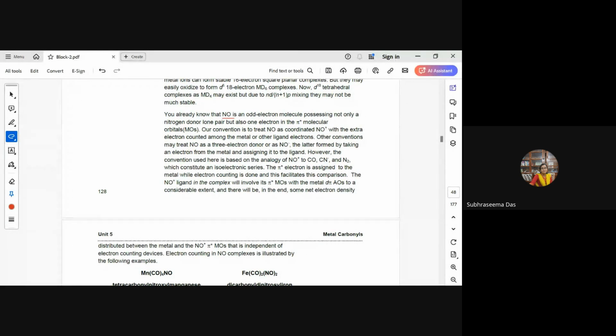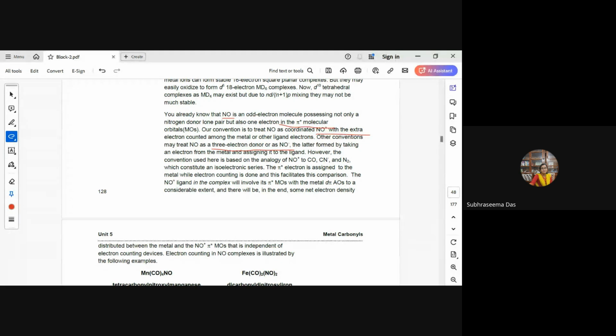So it possesses not only a nitrogen donor lone pair but also one electron in the pi star molecular orbital. By convention, we treat NO as coordinated NO plus, with the extra electron counted among the metal or other ligands. In other conventions, NO has been treated as a 3 electron donor as NO minus.